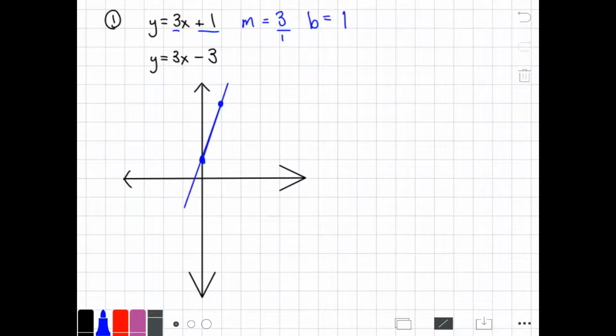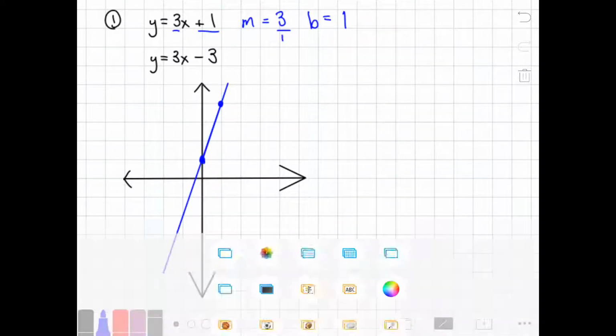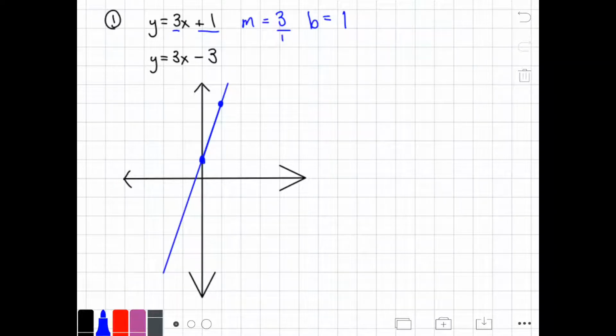I should really extend that. There's my first line. Let's go ahead and in red, we're going to make our second line. Slope of 3 with a y-intercept of -3.